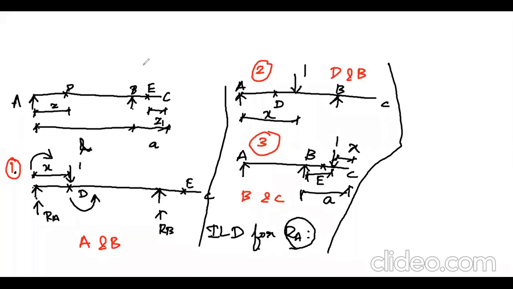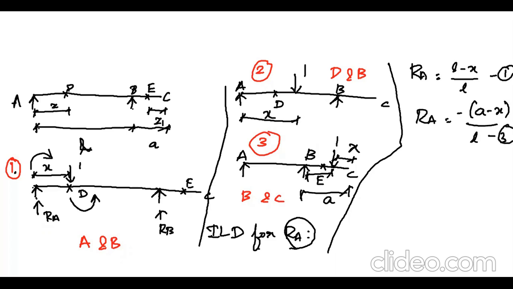You all know now the value of RA is L minus X by L according to figure 1, and the value of RA is minus of A minus X divided by L according to condition 3. Now I am not going to apply this, I am going to adopt the value of X, because X is a variable here, am I right? This unit load is going to move from this point to the end of the beam, so X is the variable. So in the first case, it is only in the portion A and B.